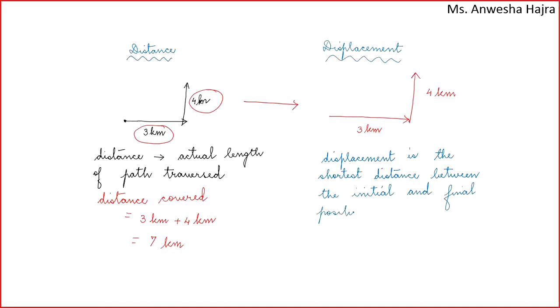So here, this is my initial position. This is my final position. And the shortest distance between the initial and the final position is this length.